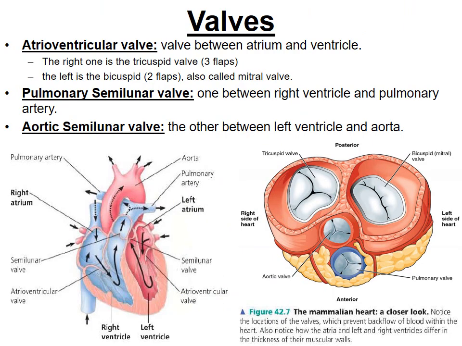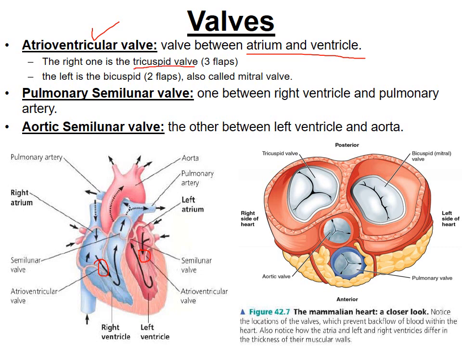You do need to know what the different valves are called. So we're going to start with the atrioventricular valves, and those are valves between the atrium and the ventricle. So we have an atrioventricular valve over here, and we have one over here as well. And they have different names. So the right one, you can call it the right AV valve, but the name that we give it is the tricuspid valve.